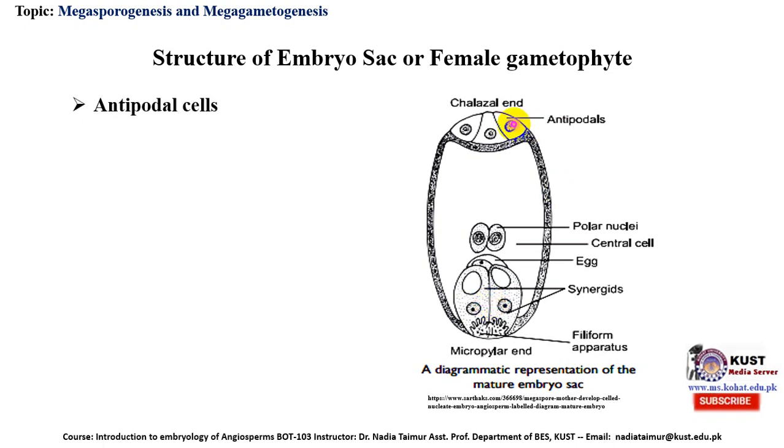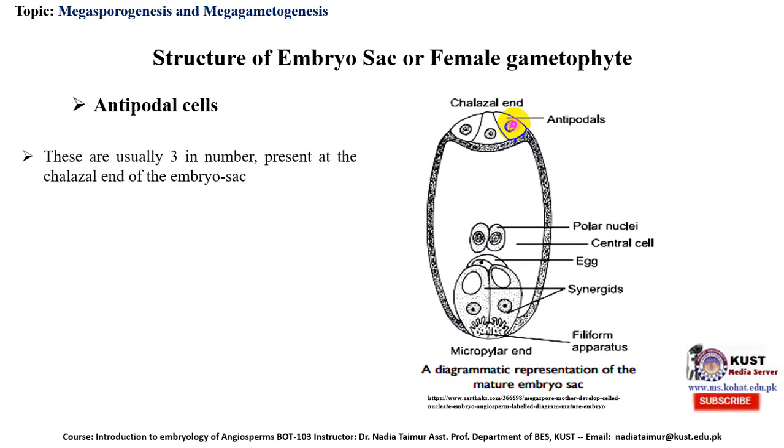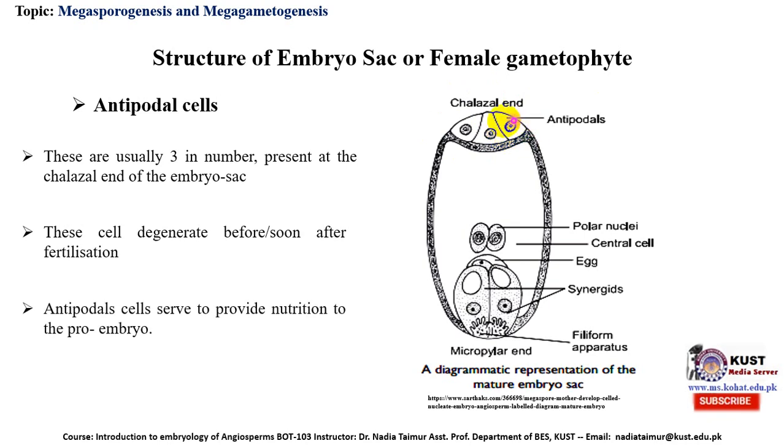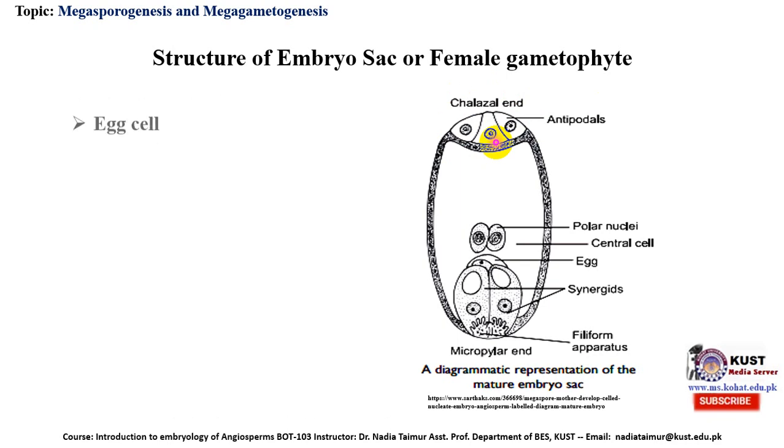So the next group of cells is antipodal cells. These are usually 3 in number, present at the chalazal end of the embryo sac. These cells degenerate before or soon after fertilization. These antipodal cells serve to provide nutrition to the proembryo.